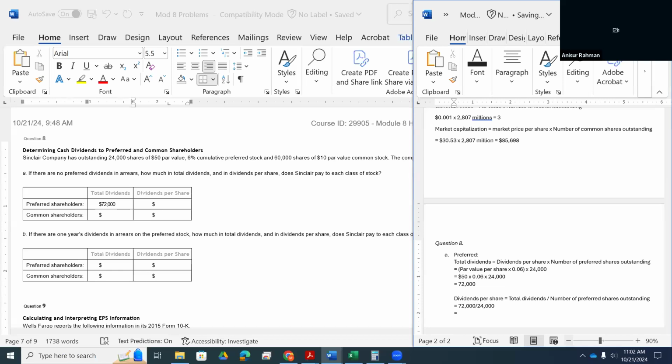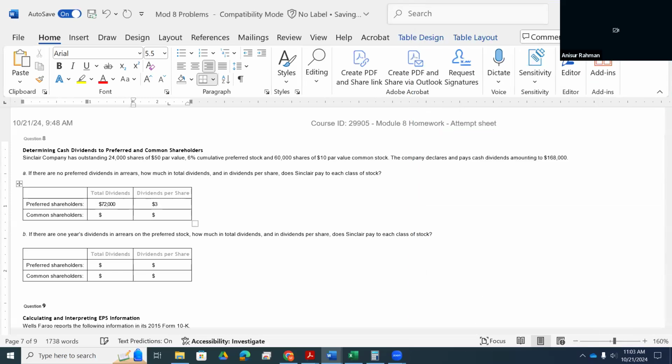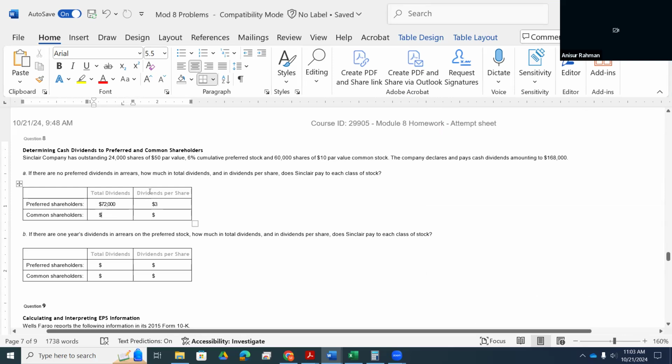So which will be $3 per share. So I'll write down 3. Now, the company declares and pays cash dividends amounting to $168,000. So the remaining will go to common shareholders.